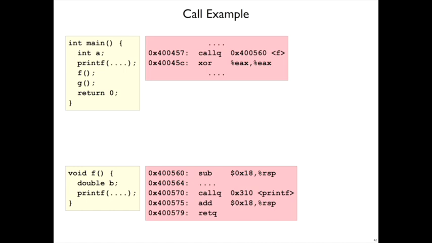We can look at that in a concrete example here. We've got our main with F and G call example, and we're just going to look at the F part here. So here I've got F, and I've just highlighted the relevant parts of the machine code for these. So main has a call Q in it with an address that corresponds to F, and then some instruction after that.